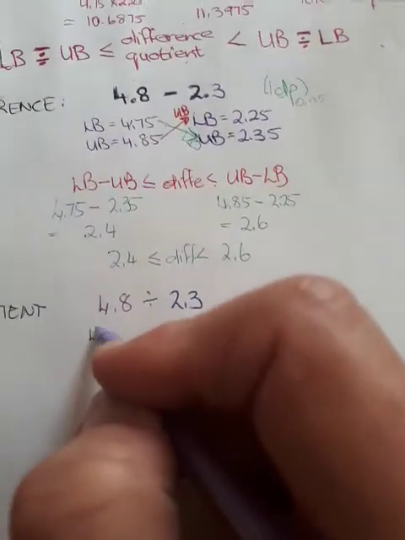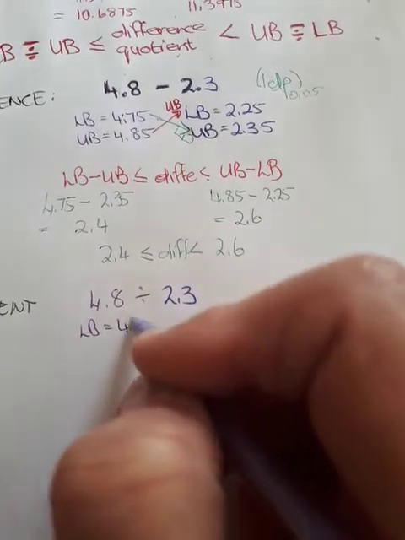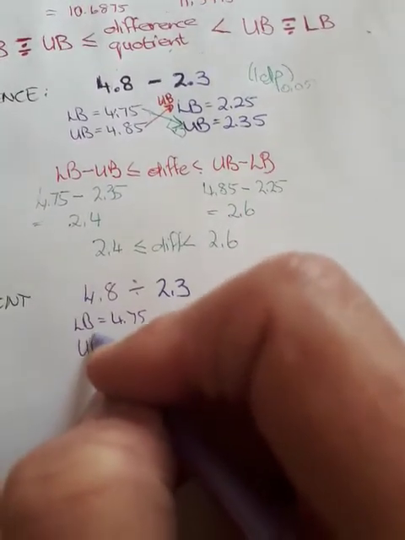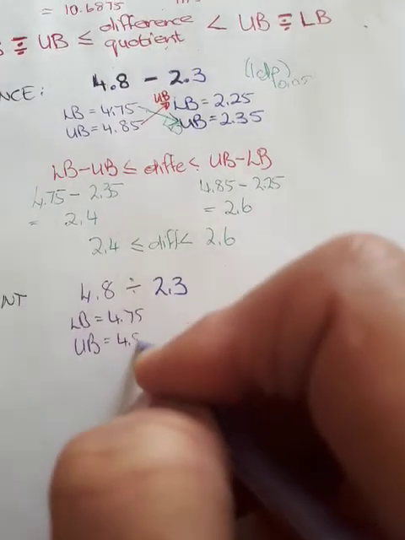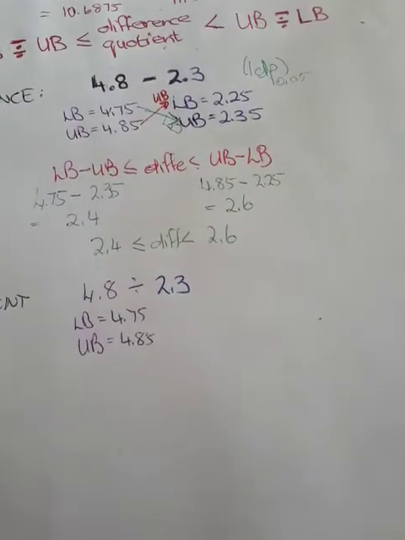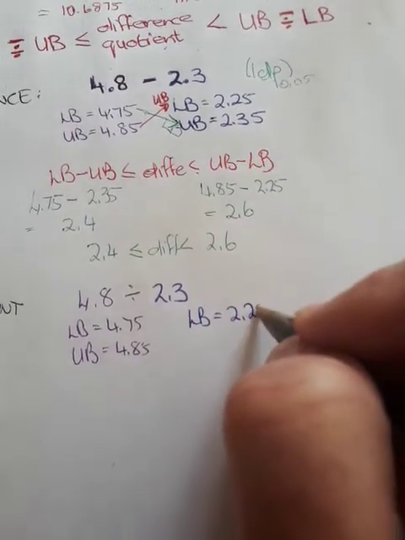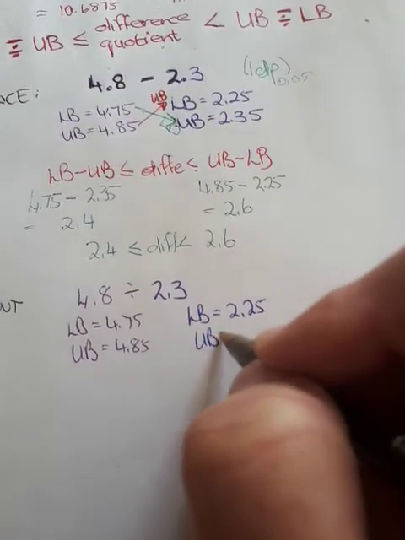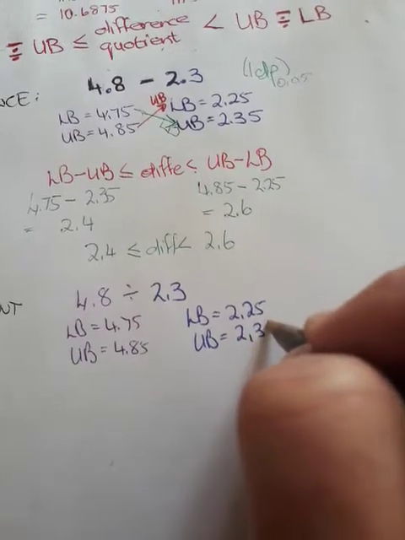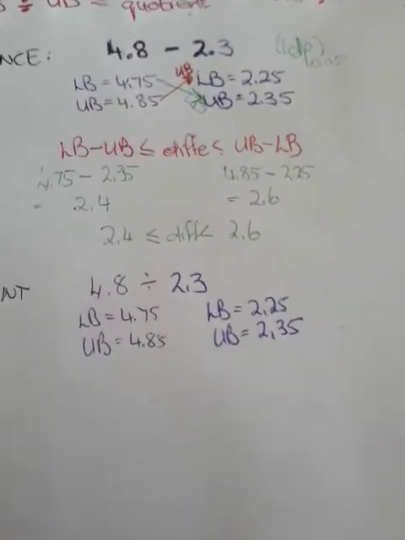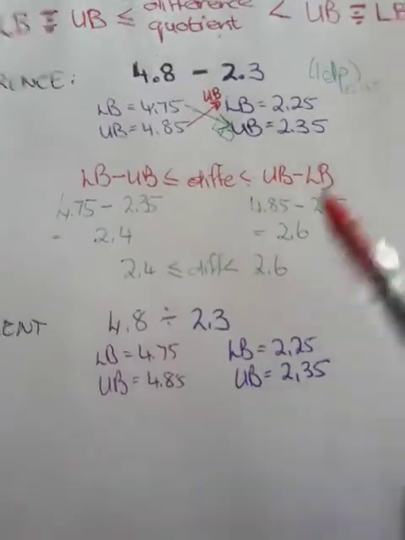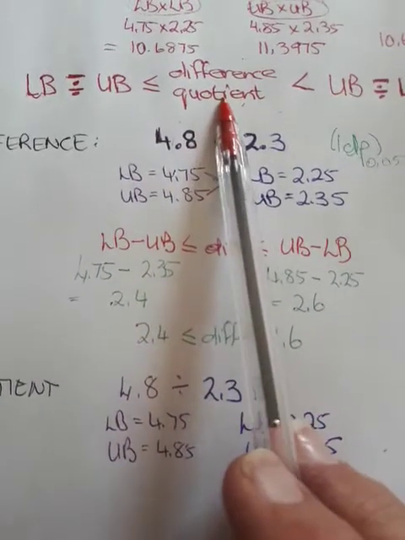The lower bound is 4.75. The upper bound is 4.85. And for 2.3, the lower bound is 2.25 and the upper bound is 2.35.